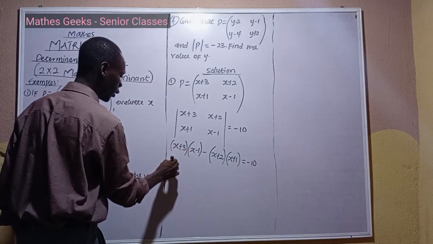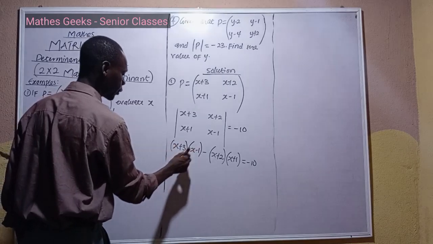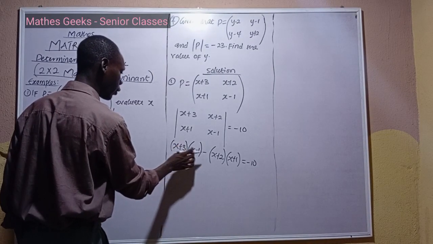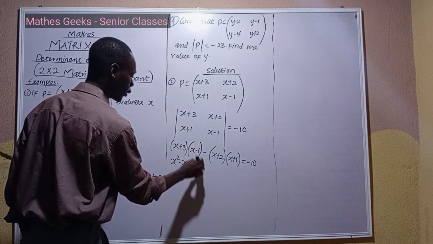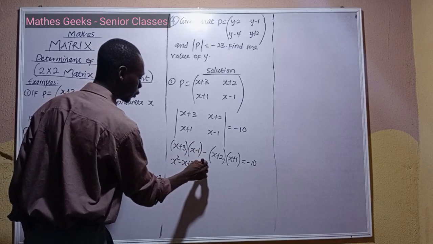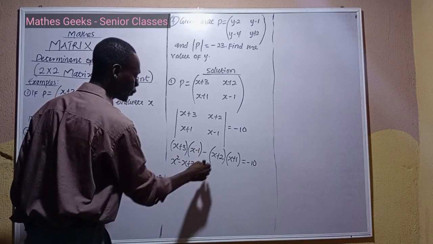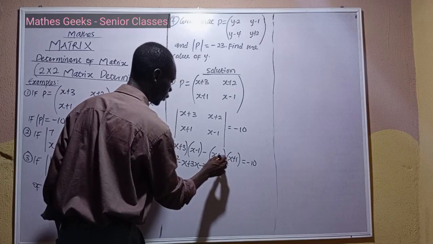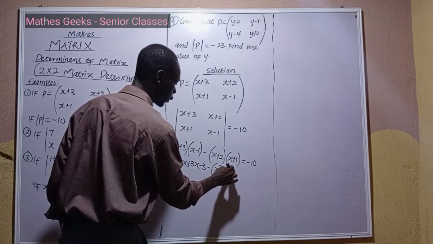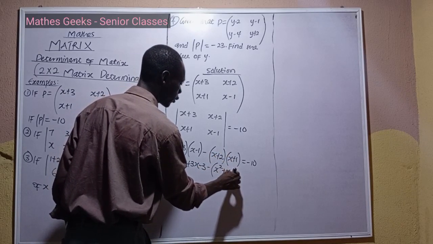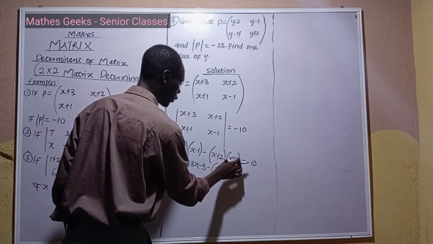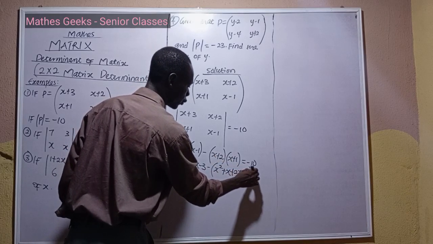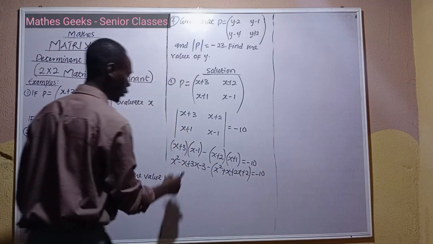x times x is x squared. x times minus 1 minus x, plus 3 times x is plus 3x, 3 times minus 1 is minus 3. Minus x times x is minus x squared, minus x times plus 1 is minus x, minus 2 times x is minus 2x, minus 2 times plus 1 is minus 2, equals minus 10.